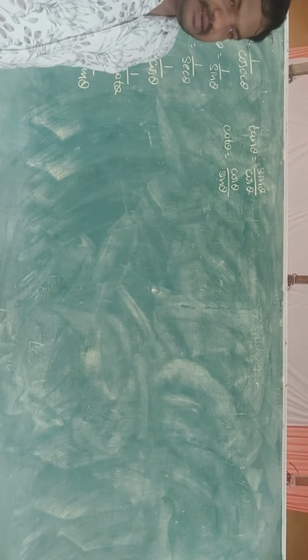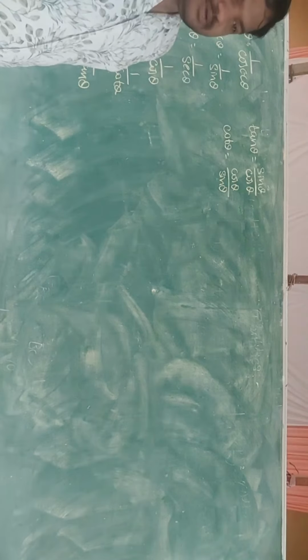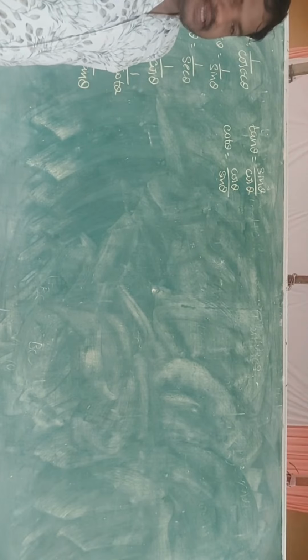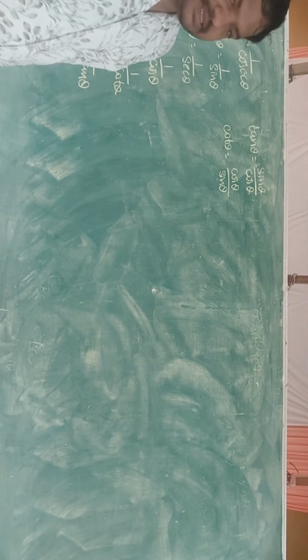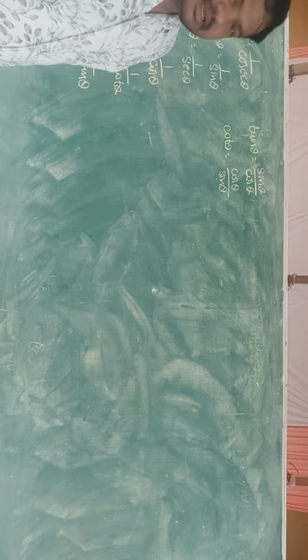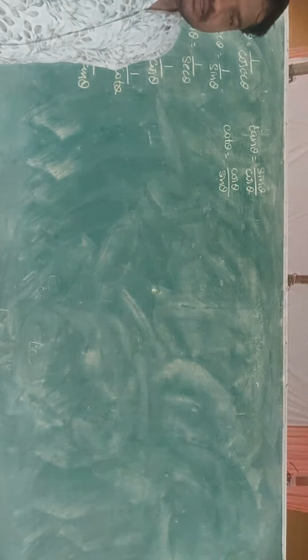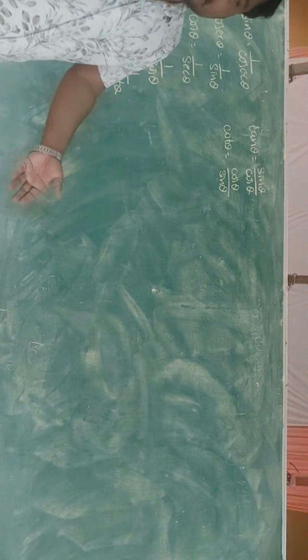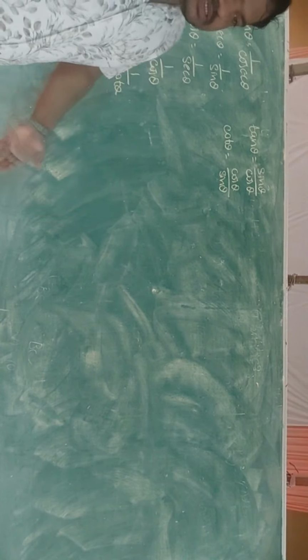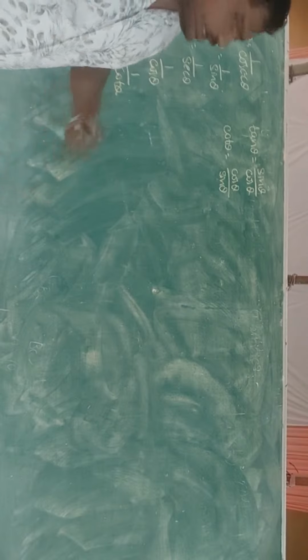Then tan 0 is 0, tan 30 is 1 upon root 3, tan 45 is 1, tan 60 is root 3, tan 90 is not defined, infinity. Cosec is the reciprocal of sin, sec is the reciprocal of cos, and cot is the reciprocal of tan.